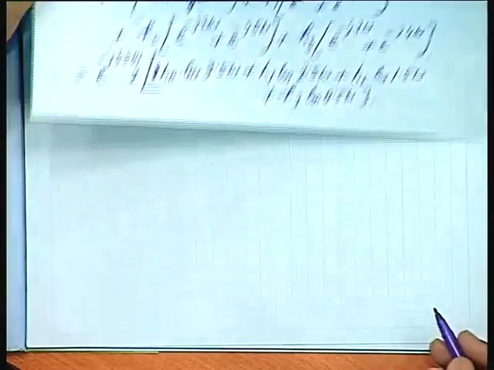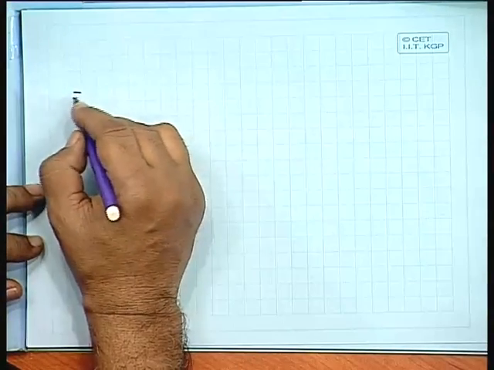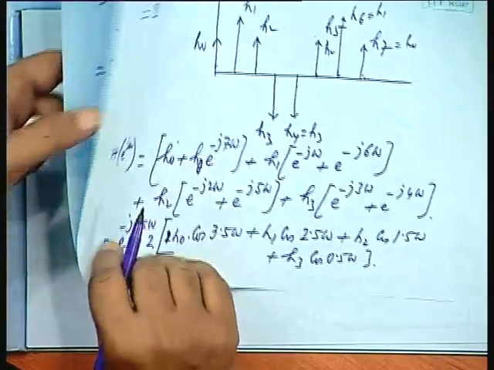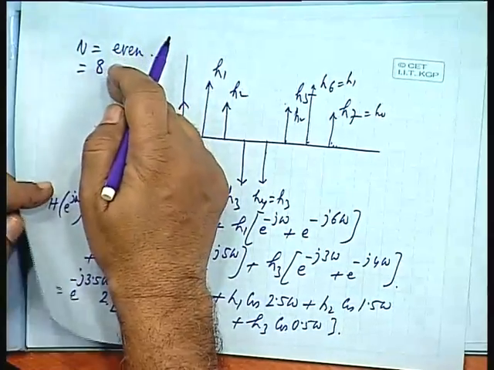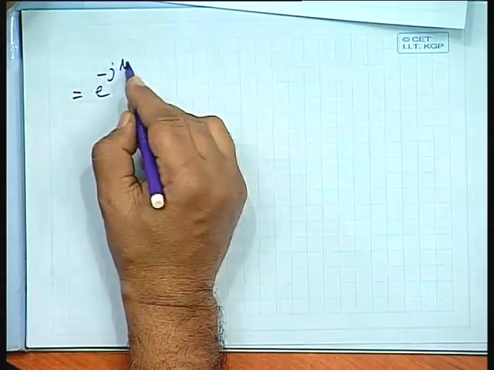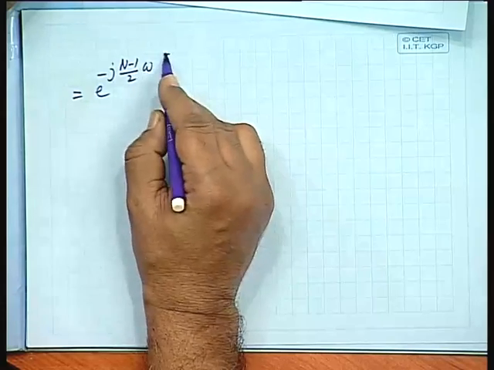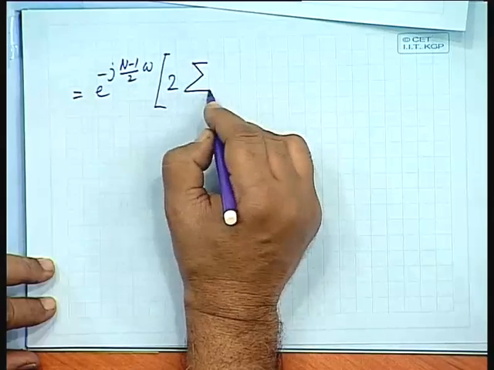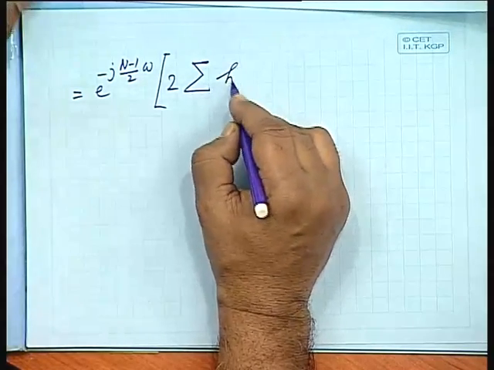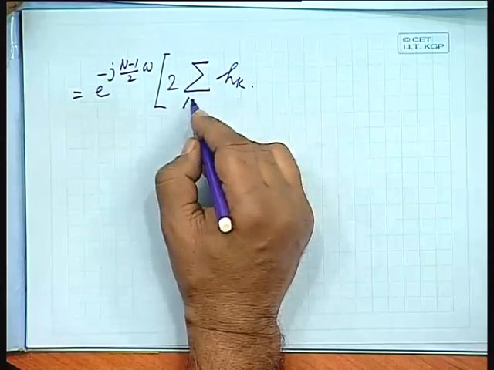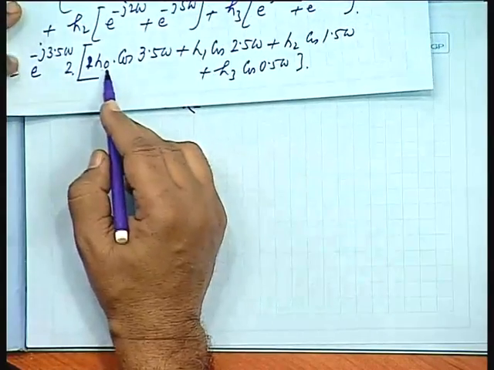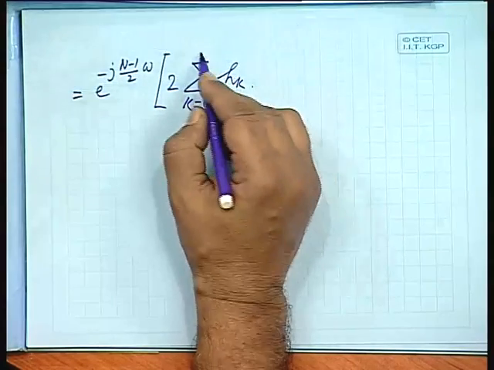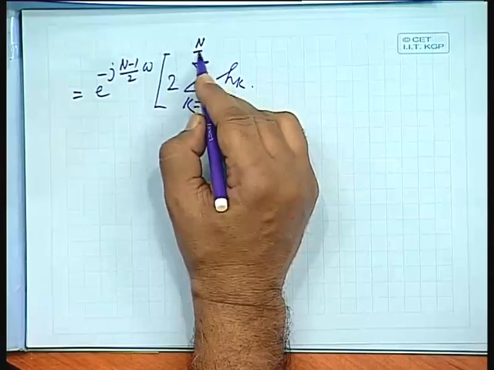In a more general form, I have taken n even, so 8 minus 1, 7 by 2. So, it is e to the power minus j n minus 1 by 2 omega common. Then 2 into sigma h k cosine of n minus 1 by 2 minus k into omega, with k varying from 0 to 3, that means n by 2 minus 1.